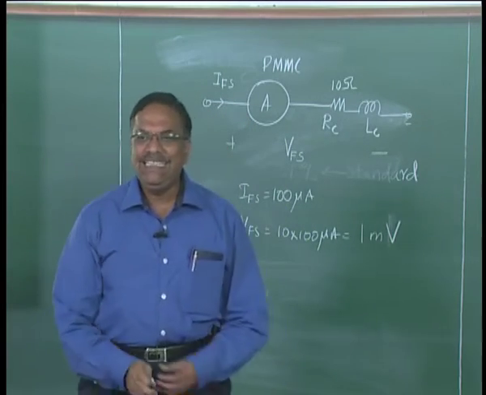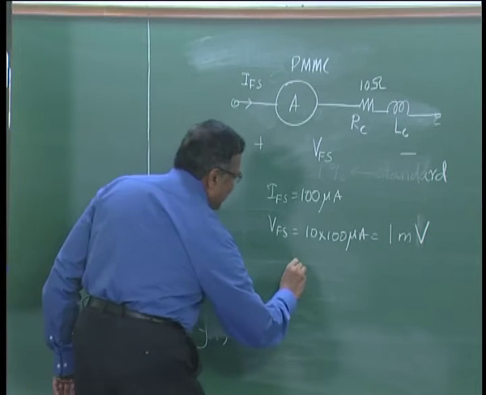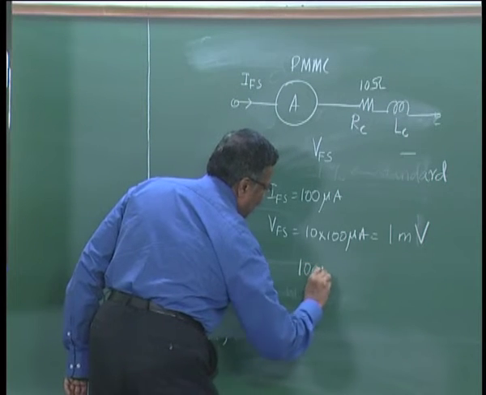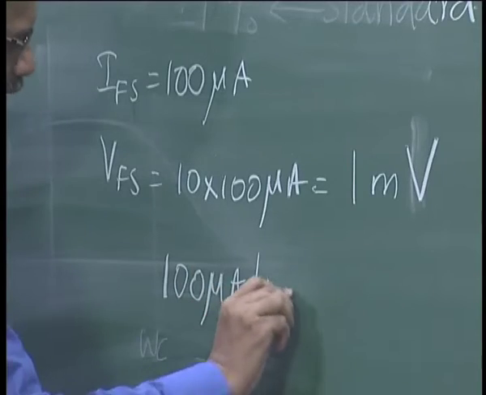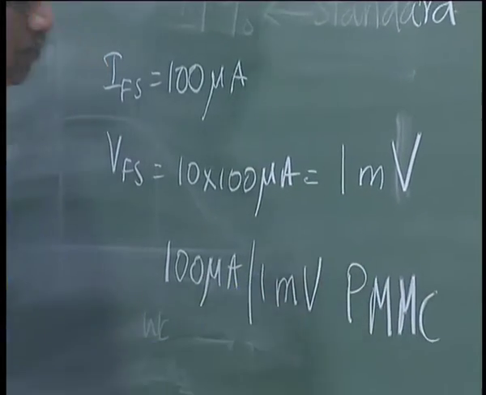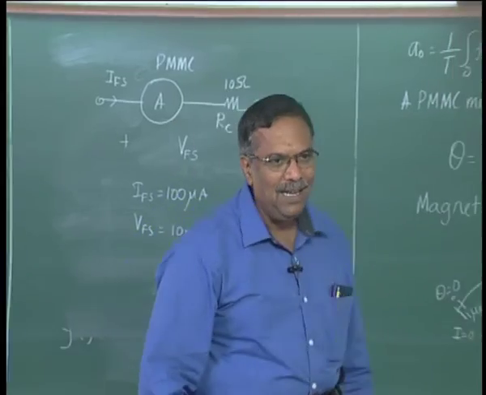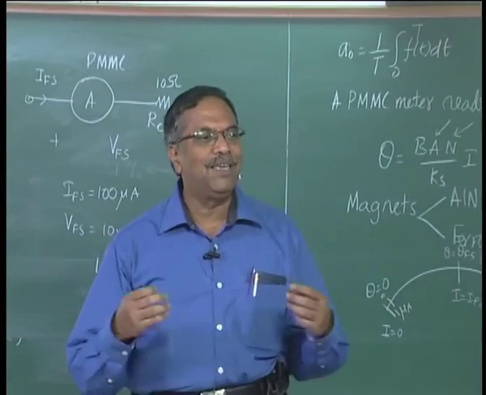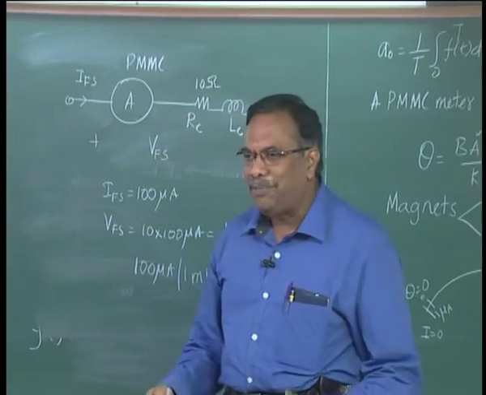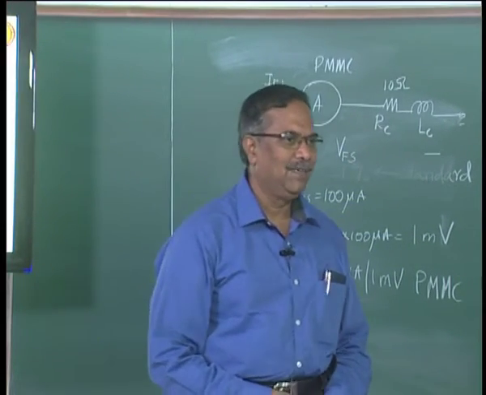So you would see manufacturers giving you the specification saying that my meter is 100 microampere, 1 millivolt PMMC meter, right. What does it mean? The meter has 100 microampere full scale, and when I send 100 microampere full scale current through the meter, the drop across the meter is 1 millivolt, right.